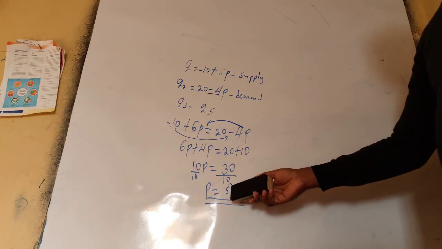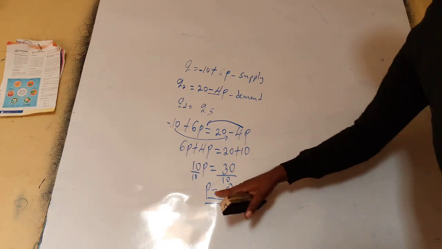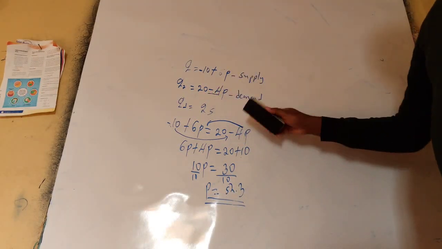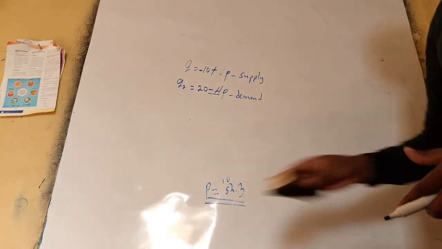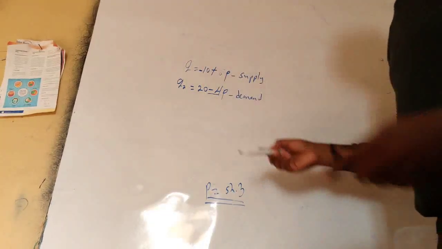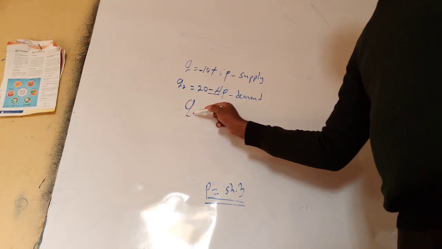Having gotten the price, we can compute the equilibrium quantity by substituting this 3 wherever there is P. You can either use the first equation or the second equation. The answer will be the same. Let me try it.